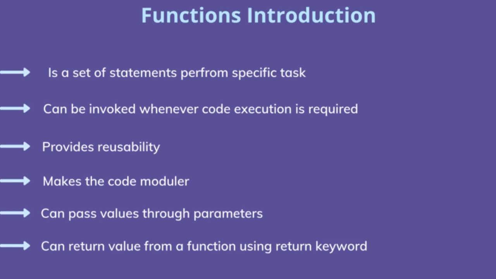For example, if I define a function which adds two numbers, 2 plus 4, it will always give me 6. But if I allow parameters in the function, every time I call that function, I can pass a different value. So in this case, my function will be more effective and will be able to give me a better result.